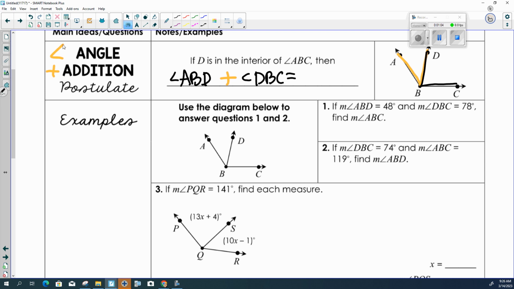So when you add together the two small ones, it will equal the whole, angle ABC. Angle addition postulate. So as I walk around, if you're forgetting to add the parts and equal the whole, I will refer you back to this postulate.